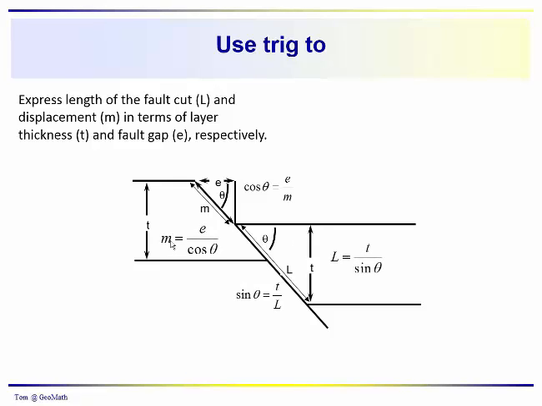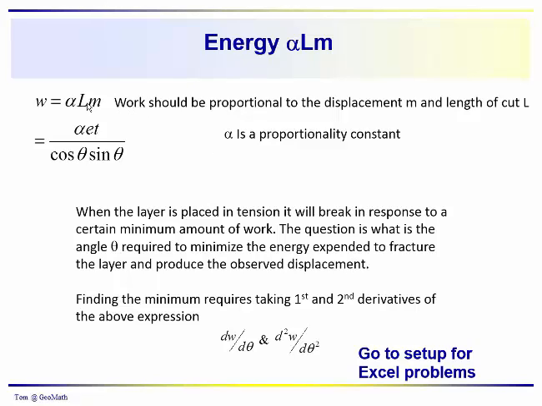So we have these two relationships. M is equal to E over the cosine of theta, and L is equal to T over the sine of theta. So this is the function that we want to minimize, we're assuming that work should be proportional to the displacement M and the length of the fault cut L, and alpha is just this proportionality constant.